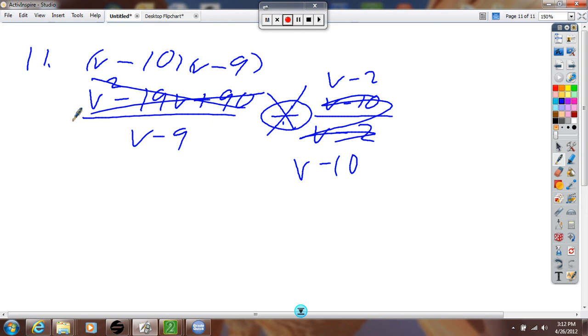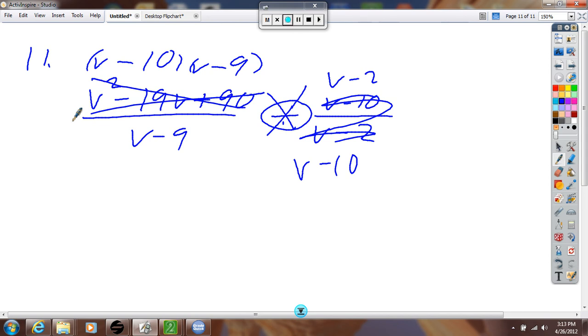Why negative? What does this sign tell me about these two signs? If it's a plus, they have to be the same, and this one always goes in the first one. So if this is a plus, these two have to be the same, and this one has to be negative.